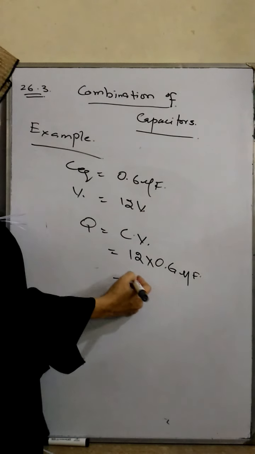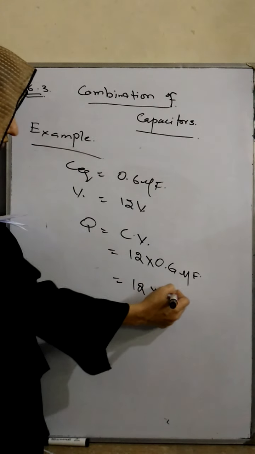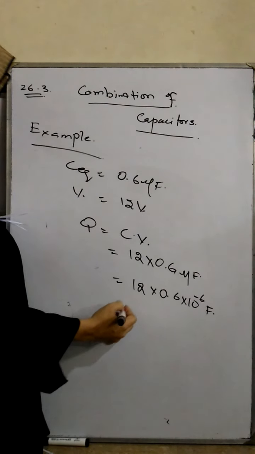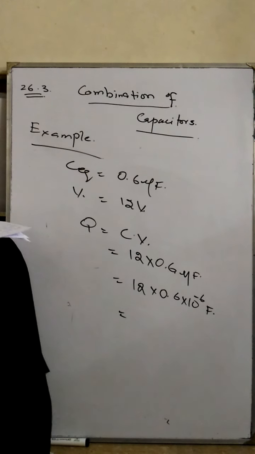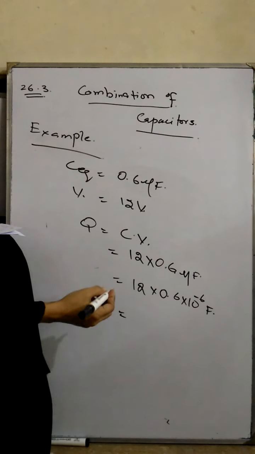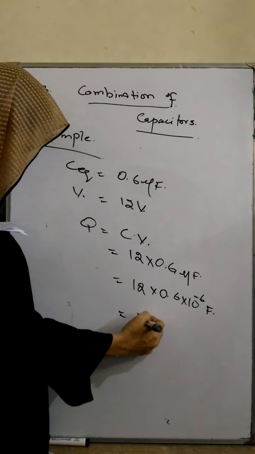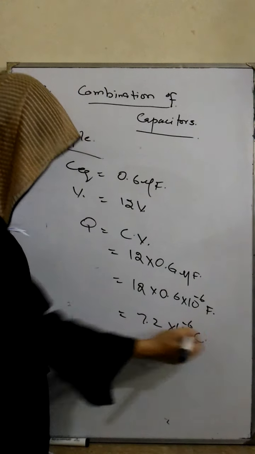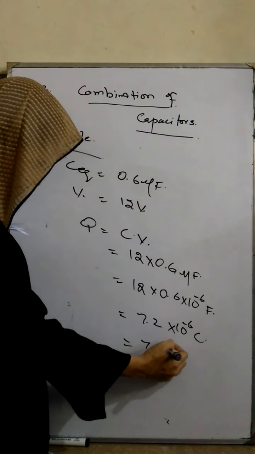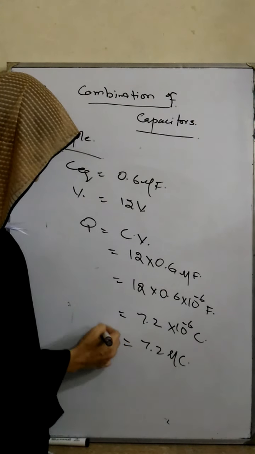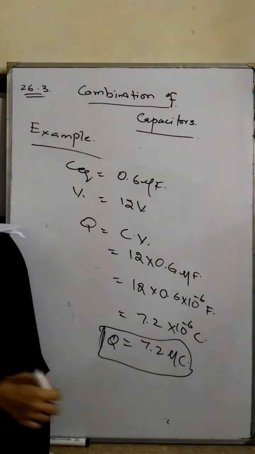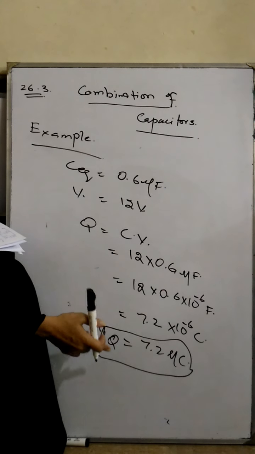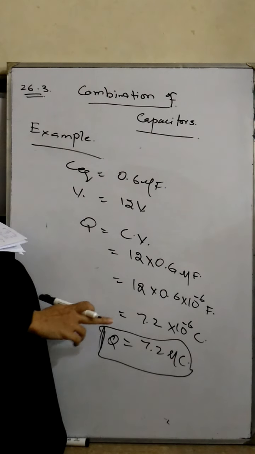So I have to convert this micro into SI system. Now the answer will be 7.2 into 10 raised to the power minus 6 coulombs. So this is 7.2 microcoulombs. So this is the total charge which is present in the circuit that we are discussing.